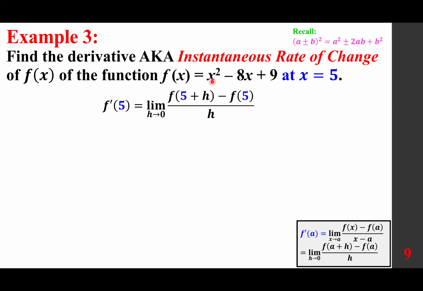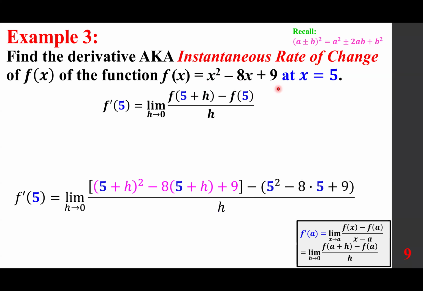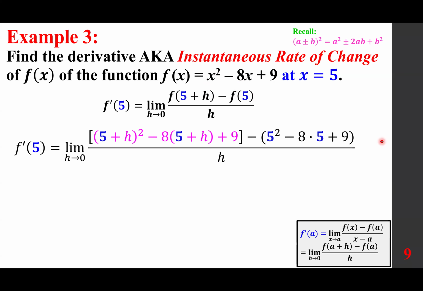So plug in 5 plus h, you get (5 plus h) squared minus 8 times (5 plus h) plus 9, minus, plug in 5 squared minus 8 times 5 plus 9. That would be the numerator that requires simplification. Let's do that. (5 plus h) squared, we use the identity, that means 25 plus 2 times 5 times h, 10h, plus h squared.